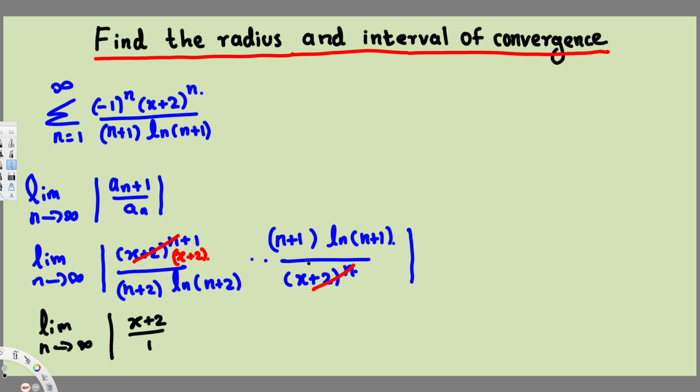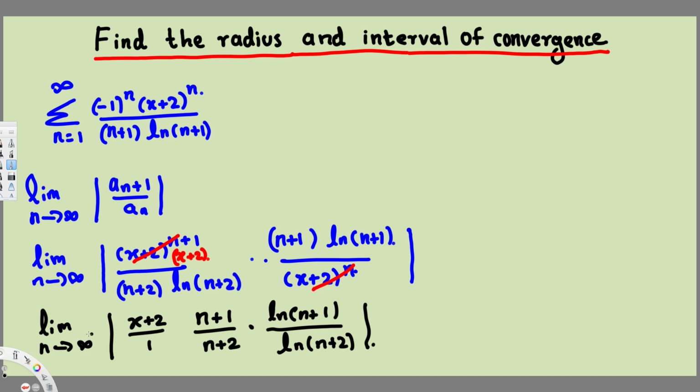Now let's arrange this according to like terms together: the limit as n approaches infinity of (x plus 2) over 1, and we have (n plus 1) over (n plus 2), and then we have ln(n plus 1) over ln(n plus 2), right? Now we can take this x plus 2 outside, because we are only dealing with n, so we don't need it inside. The limit of this one is going to be just 1 because we have the same powers, so the ratio is going to be the limit.